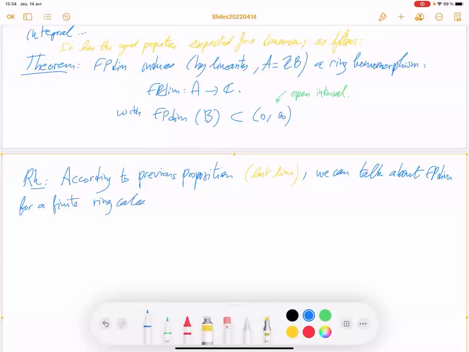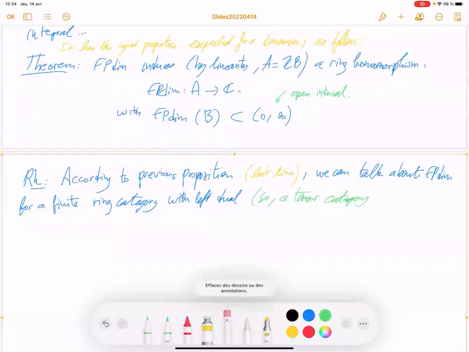A finite ring category with left dual. So a finite tensor category.